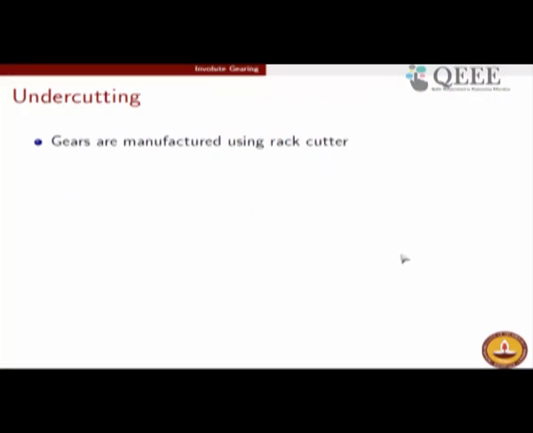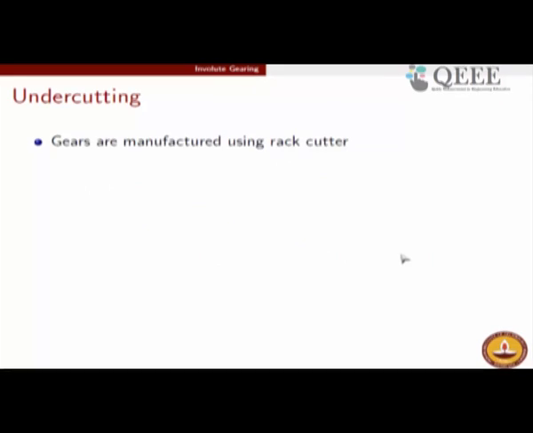Even if the involute profile is not complete, and certain portions are not involute, the engagement never happens in that portion, and as a result one is saved from the consequences of interference. Okay. A very related process is that of undercutting.